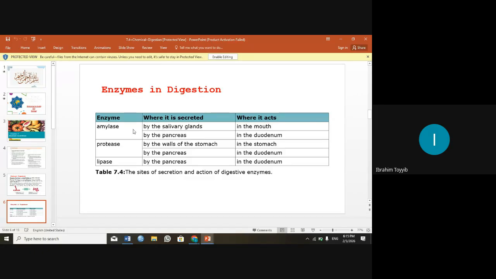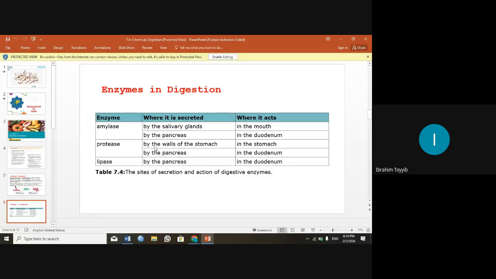Take note of this. We have two types of amylase, salivary amylase and pancreatic amylase. One amylase is secreted in the salivary gland, so it is called salivary amylase. The other amylase is secreted in the pancreas. It is called pancreatic amylase. The salivary amylase acts in the mouth, and the pancreatic amylase acts in the duodenum.